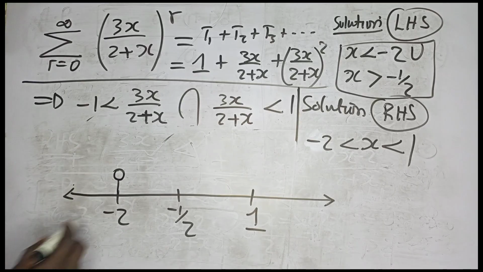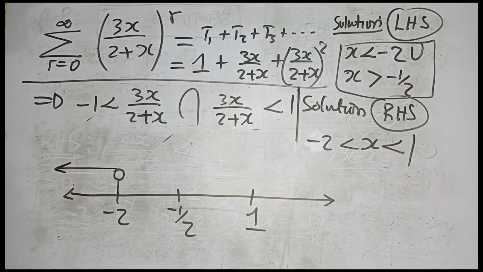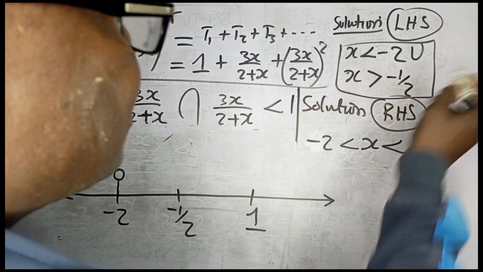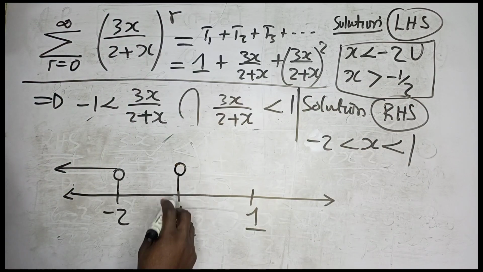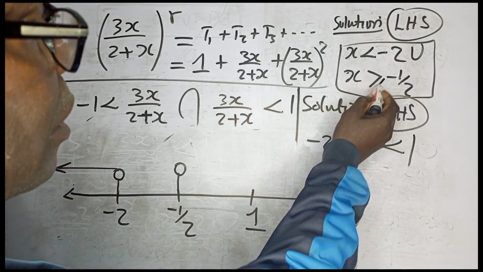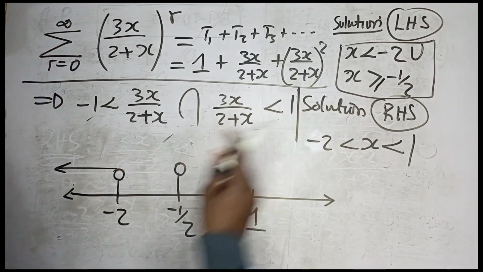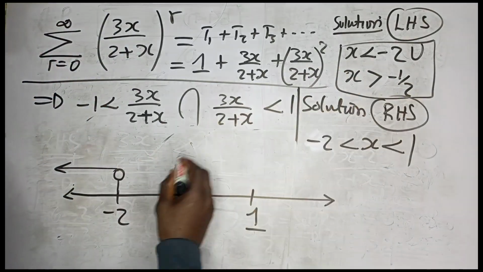So we put an open circle. That means -2 is not part. And then the other one says to the right of -half, without including -half. So open circle. This is a strict inequality. If it were the non-strict inequality, then we'd shade it. But it is the strict inequality. So to the right.